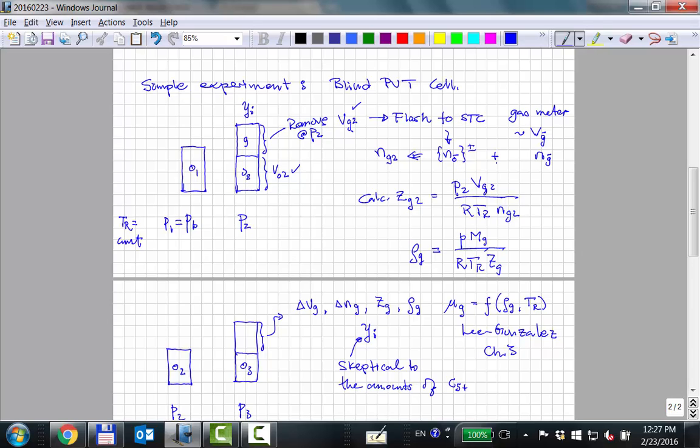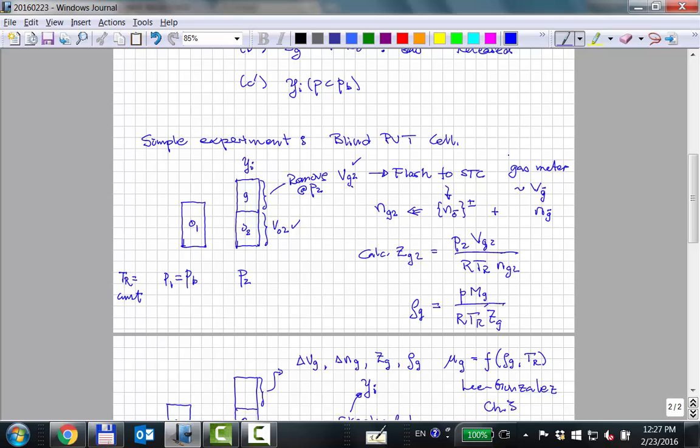The Z-factor calculation would be as I've shown here, and that requires you to have all of the moles of gas removed. So if you're missing some, obviously it'll be off a little bit, but you basically get the moles of gas by direct measure, either through a gas meter, and then you use this equation here.